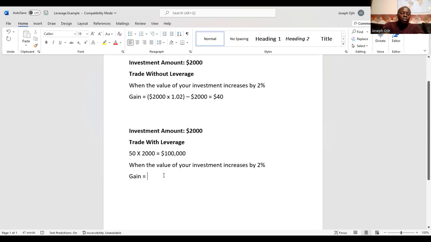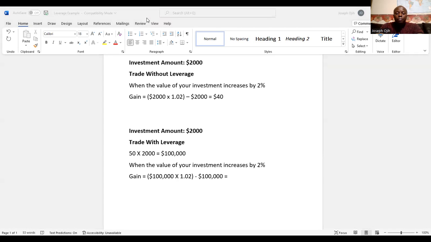Your gain now becomes, assuming the value of the investment rises by 2% like in the previous example, 100,000 times 1.02, minus 100,000 of the investment. Let us put it in the calculator.